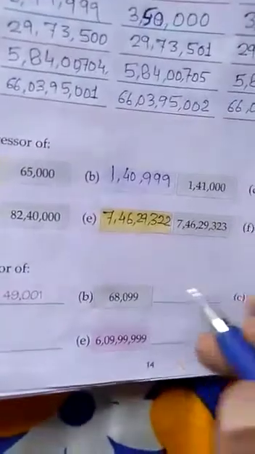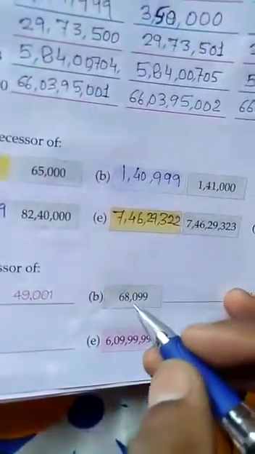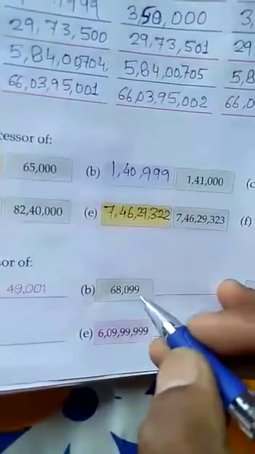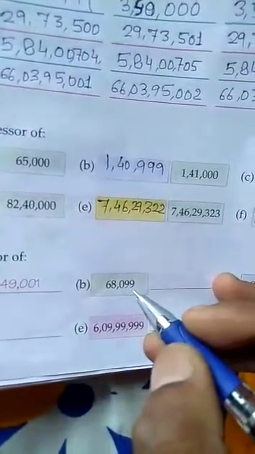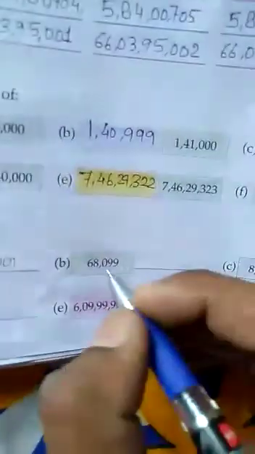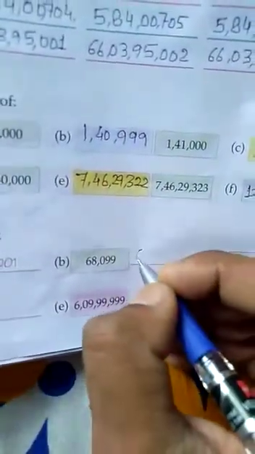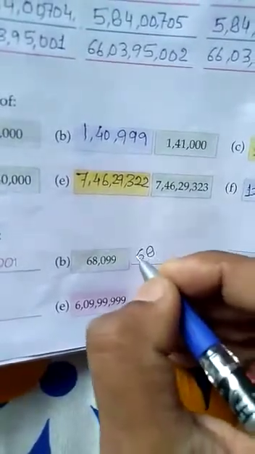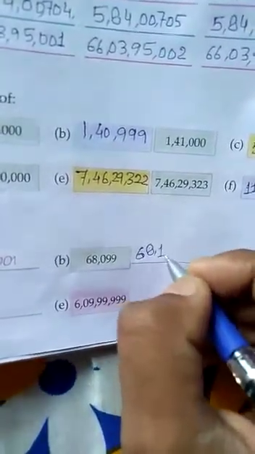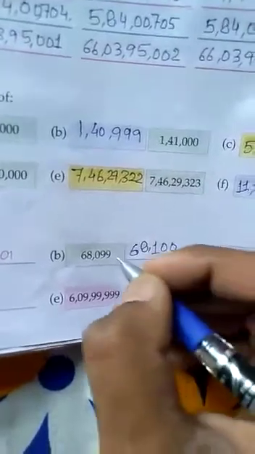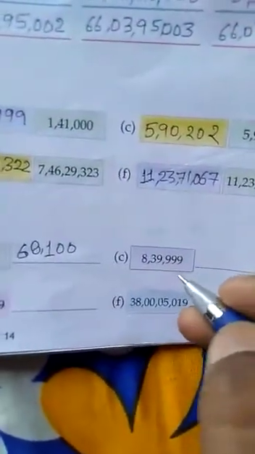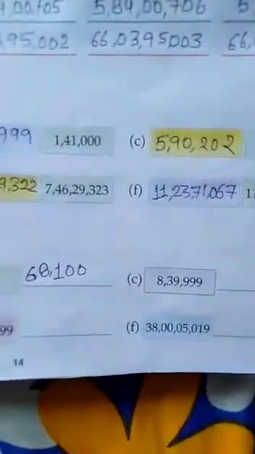So to get the successor of 68,099, we will add 1 to it. So 68,100 is the successor of this number. Now we will do question number C. Question number C is 8,39,999.